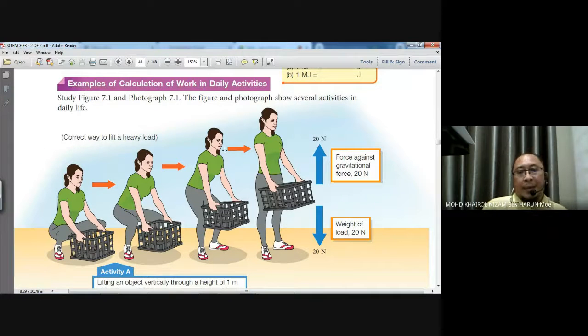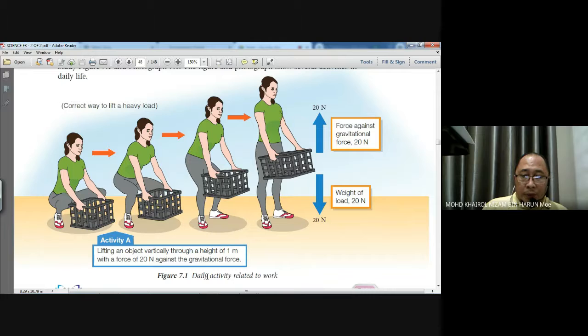For example, given here, you must know that this woman tries to lift this object from the floor, with a weight of 20 Newton.